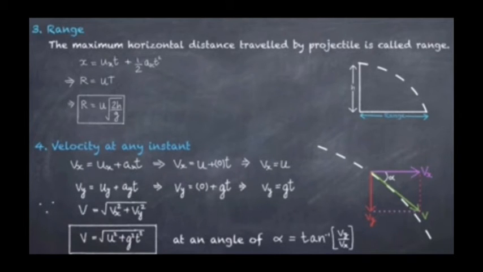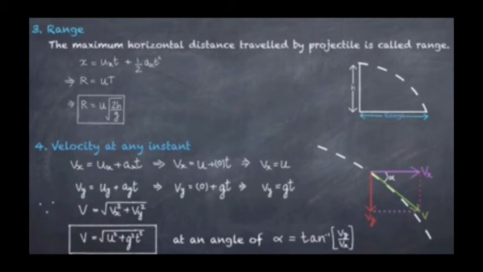Now we find the value of range R. So for the path of the projectile, x is equal to u into t plus half a t square. Then x is equal to capital R, u of x is equal to u, a is equal to 0 and t is equal to time of flight capital T of f.